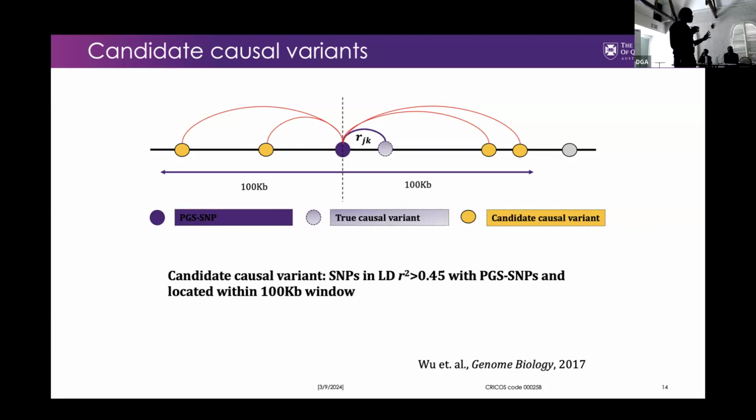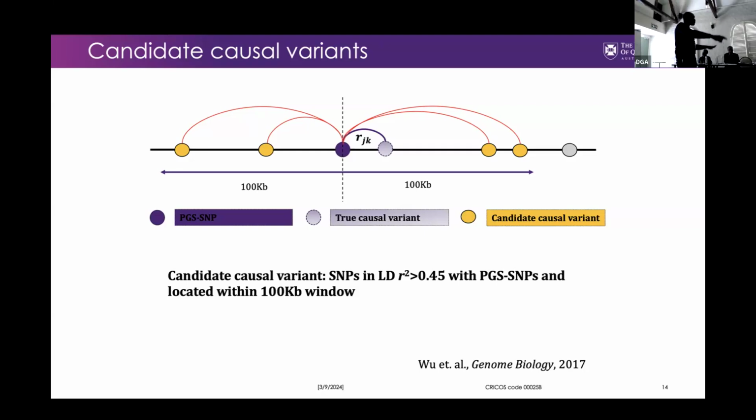So that was all good in theory, but in practice, as I said, we may not know the causal variants. So we use this kind of heuristic, which came from a paper that some of my colleagues published in 2017, which says that when you have a GWAS hit, if you look around, most likely, with some high probability, the causal variant will be in variants nearby, within say 100 kb, with some correlation larger than 0.45.